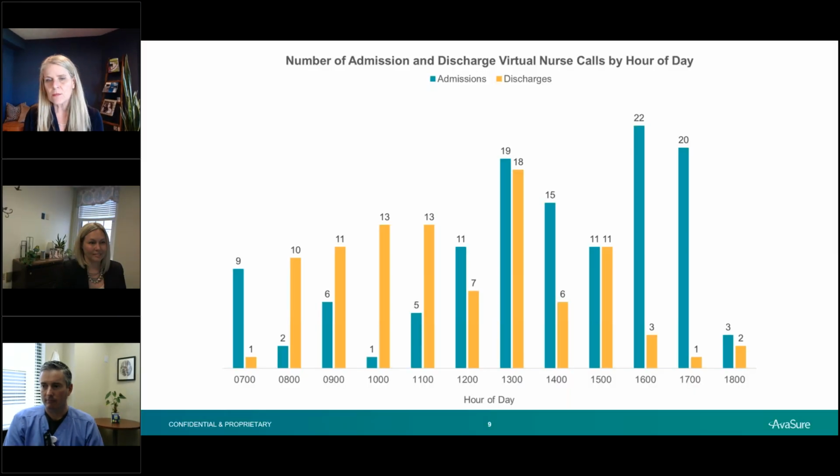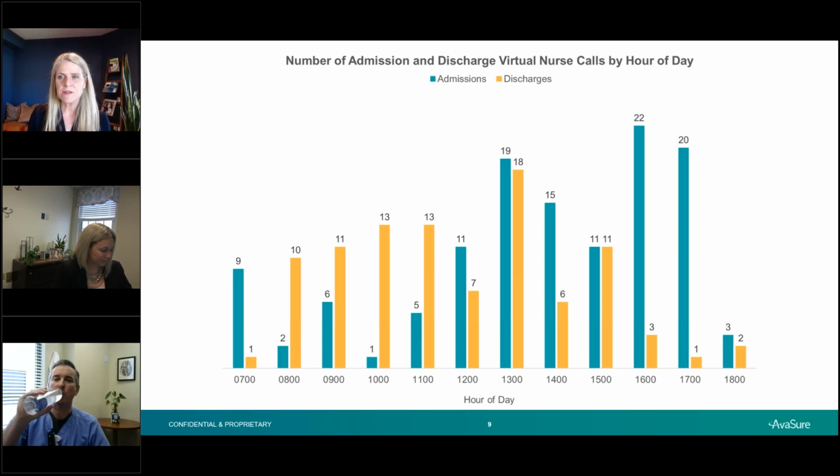Less interruptions. So I think we were going to shift on some of the data that we've collected to also talk about how many interactions the virtual nurse is. Oh, before I do that, I just kind of wanted to share this interesting, before we get off that admission and discharge piece, within our aggregated data at AvaSure, we're looking at time of day. And so I think we're going to shift into planning for coverage and staffing and how much can a virtual nurse do.